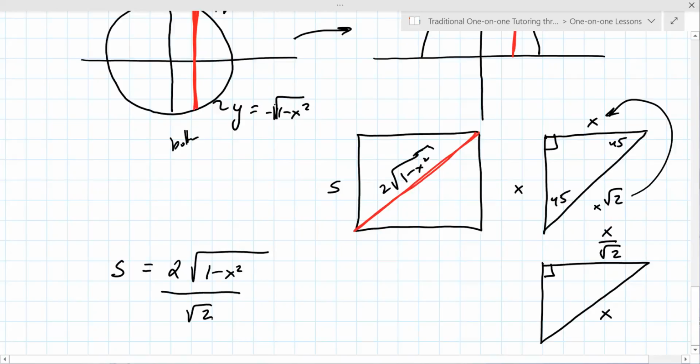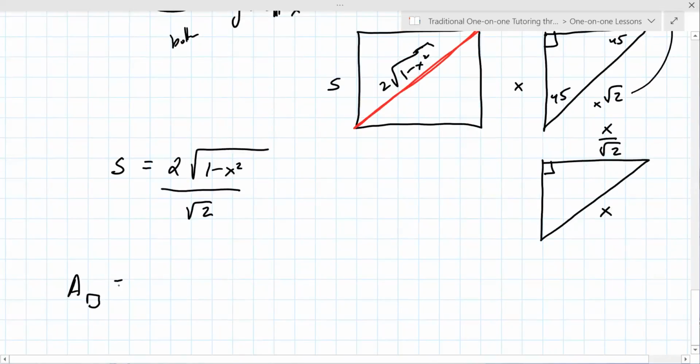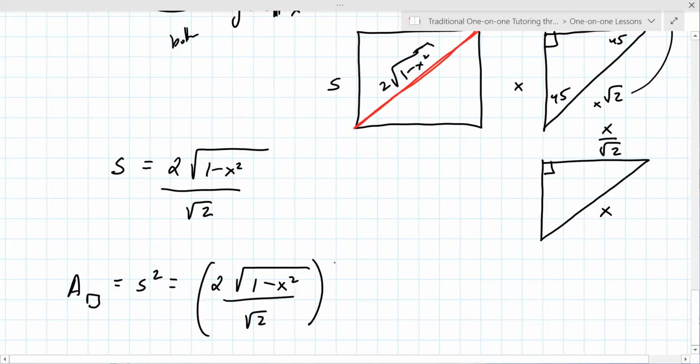It looks bad, but because you're finding the area of a square, which is s squared, you end up squaring what you were given here, which takes care of a lot of the stuff that we found very unpleasant.